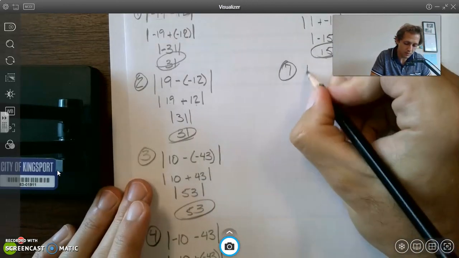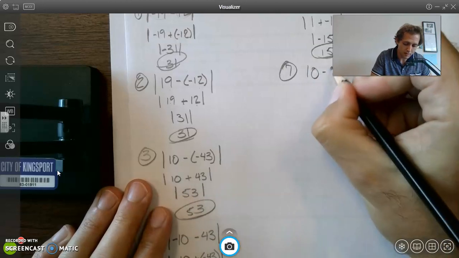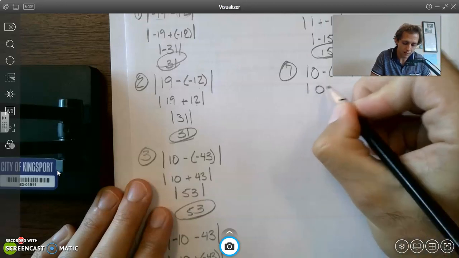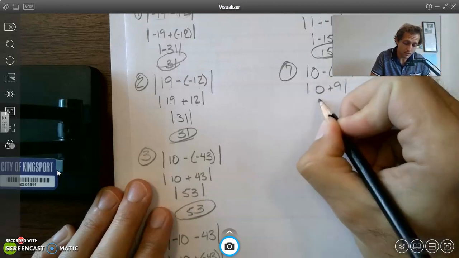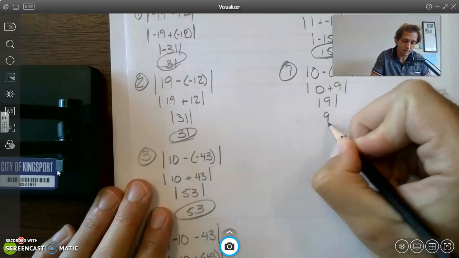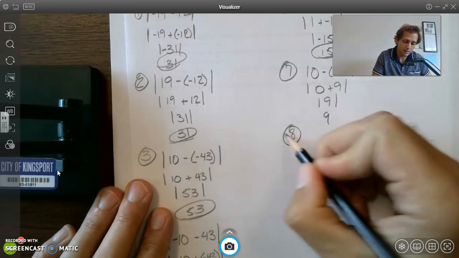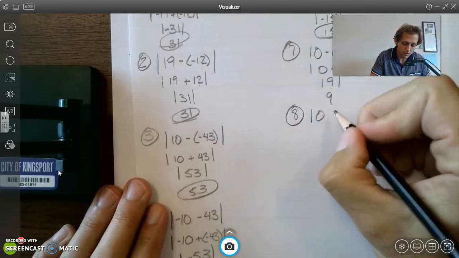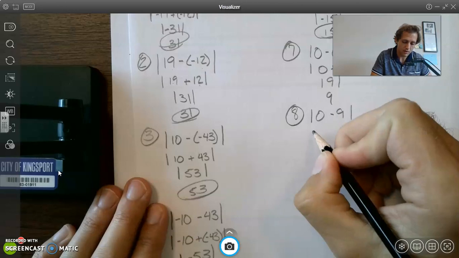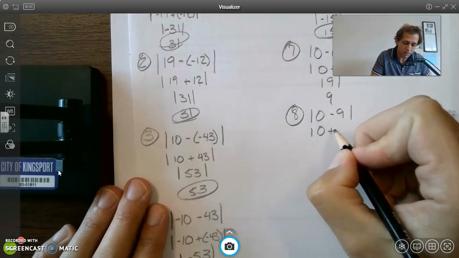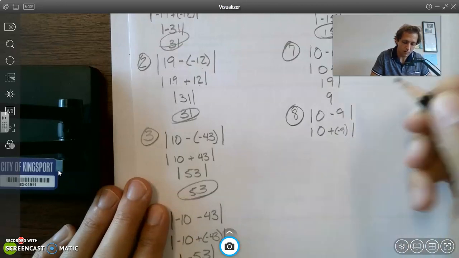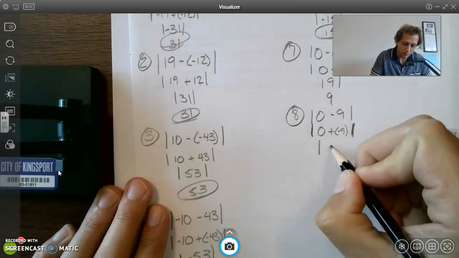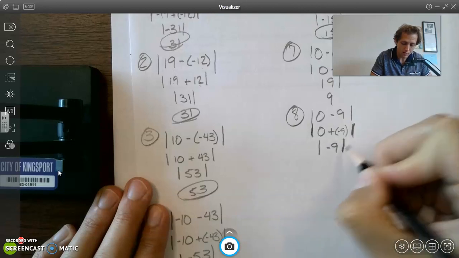The absolute value of 0 minus negative 9 is going to be the absolute value of 0 plus 9, which is the absolute value of 9, which is 9. 8. The absolute value of 0 minus 9 is going to be the absolute value of 0 plus negative 9, which is the absolute value of negative 9, which is 9.